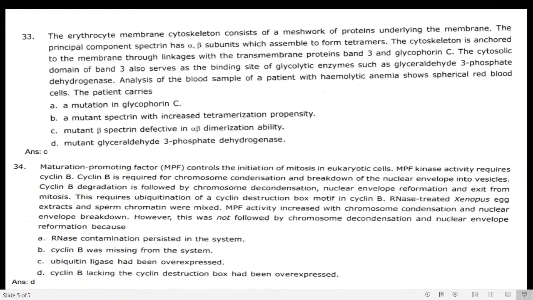If there is a mutation in beta spectrin, that is, if spectrin doesn't have the ability to dimerize, so the alpha beta dimerization ability is defective. Okay, these are all the concepts.